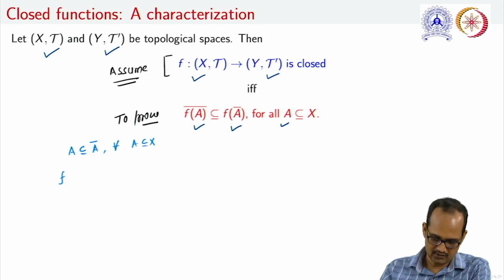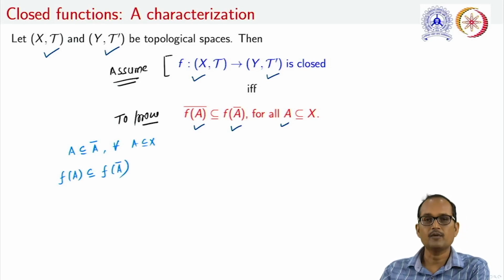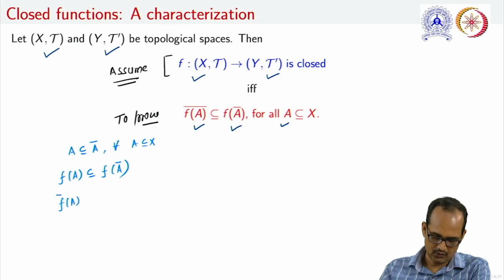Let us take the image of A and A closure. So f(A) will be a subset of f(A closure), or if we are computing closure, this closure of f(A) will be a subset of closure of f of A bar.